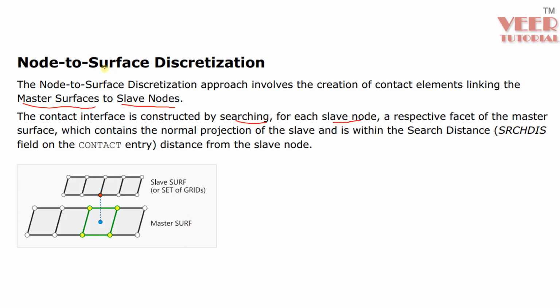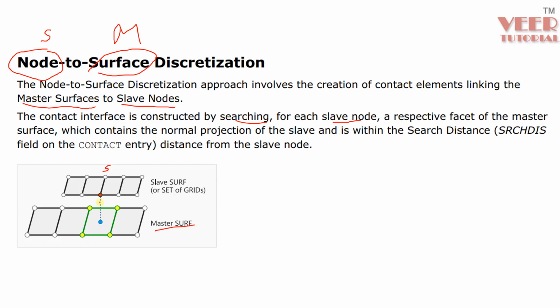We have a node on the slave side, that is slave, and we need to define a surface on the master side. Okay, so here let's say these are elements of the master and these are the elements of the slave. So what happens is the software is going to create a contact for this element with this slave.